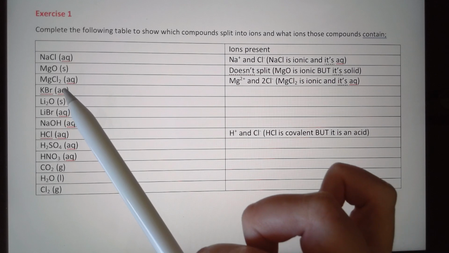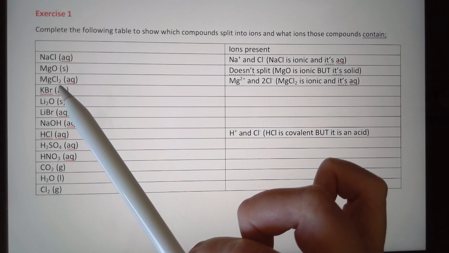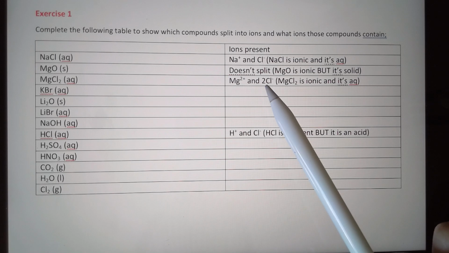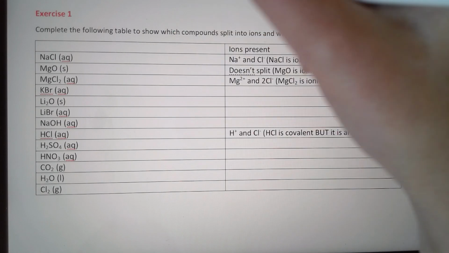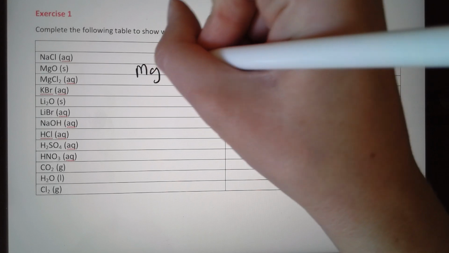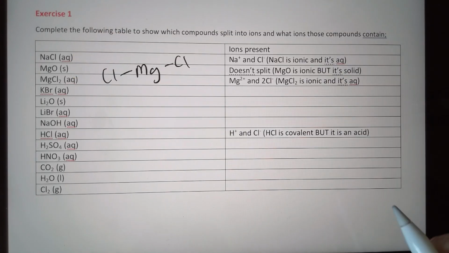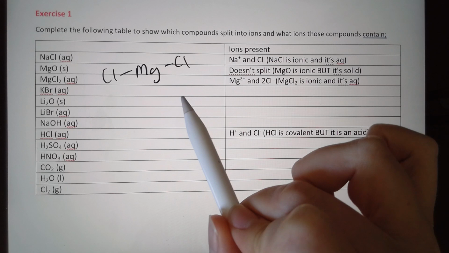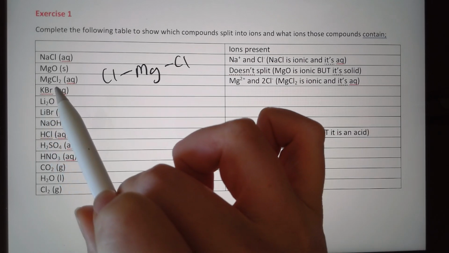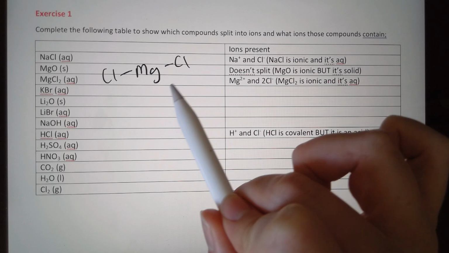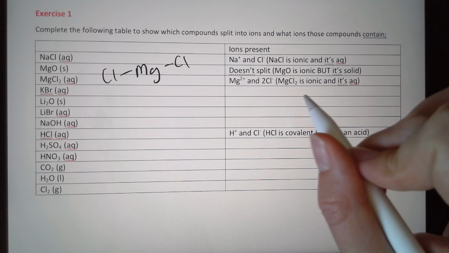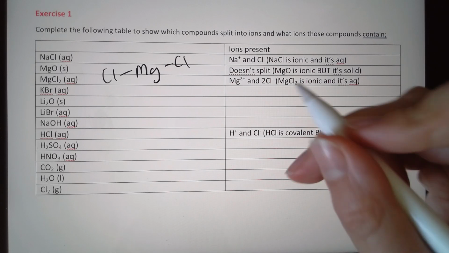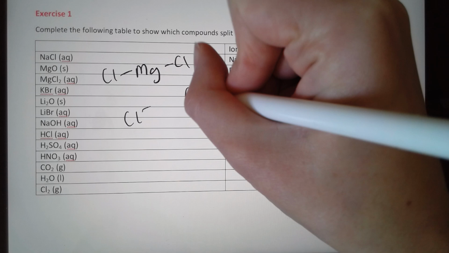What you will notice though is the small 2 that I've written here, I'm now writing as a large 2 over here. What this formula, MgCl2, shows you is you've got a magnesium bonded to 2 chlorines, and you'd have a chlorine on each side of the magnesium. The chlorines aren't actually bonded to each other, and this small number 2 tells me that everything's bonded together. But this big number 2 tells me that the Cl- ions are not forming a bond with each other, that they exist totally separately.